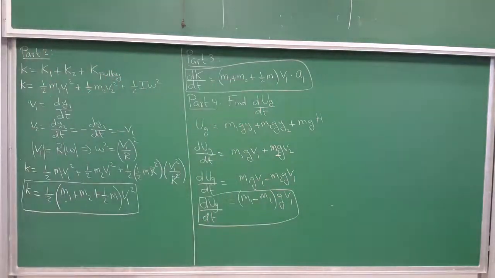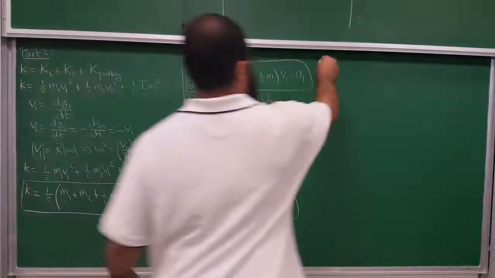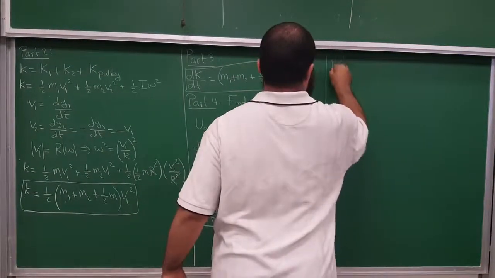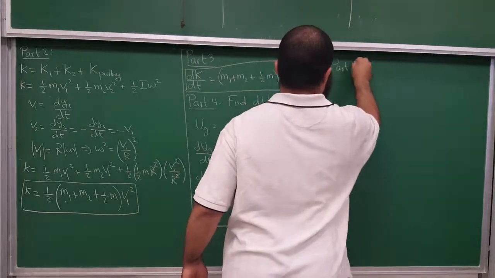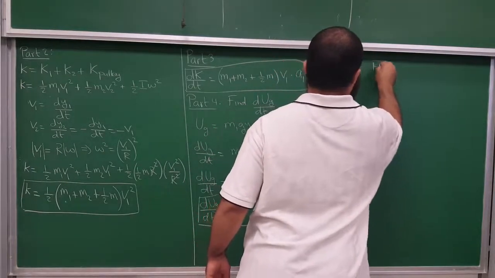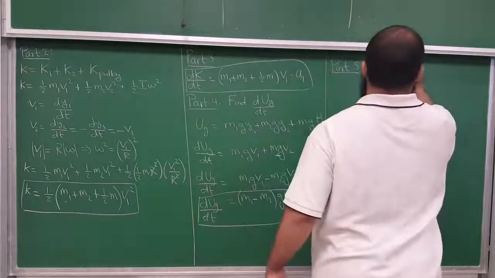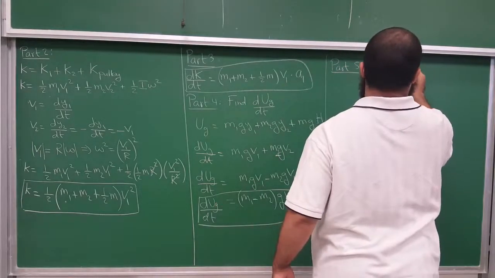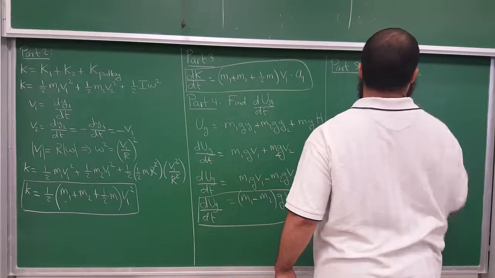Okay? Now, let's look at the next question. The next question says, find the time derivative of the spring potential energy. Part 5, dU spring dt.